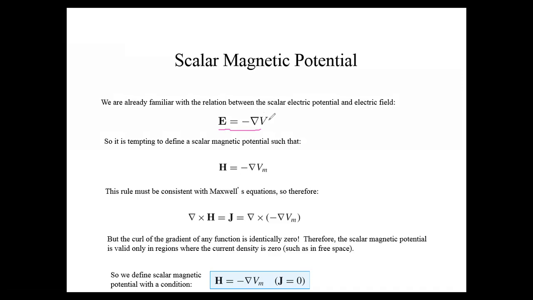Similar to that, this H can be expressed as the negative of the scalar magnetic potential, right? So H is equal to negative del Vm, where m is for magnetic, and this Vm is the magnetic scalar potential.